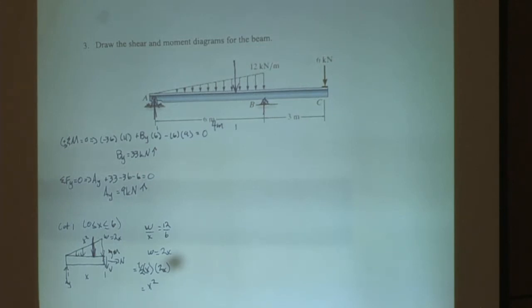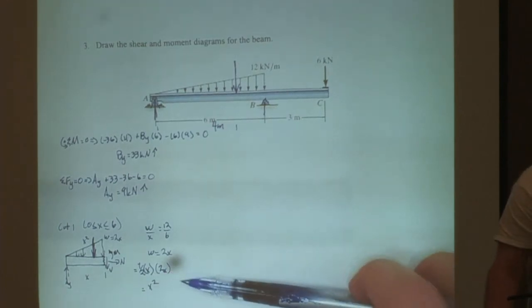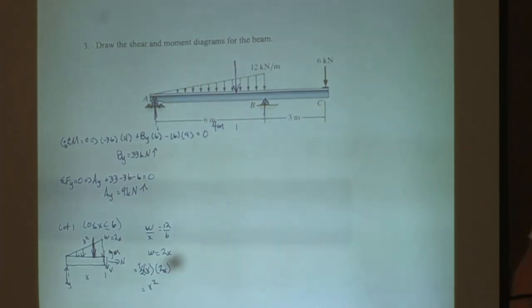Does everybody see what I did? Why did you get X squared? So going over here, base times height. So when I made the cut, 1/2 base times height is the area of a triangle. Anybody else? What's up?